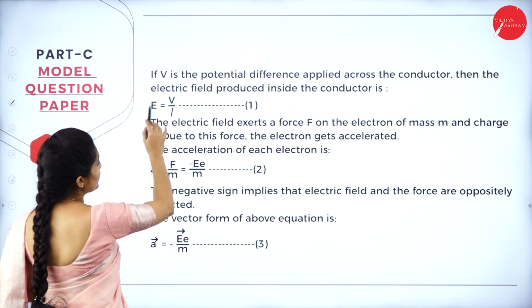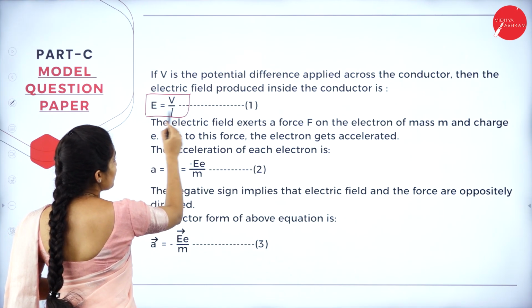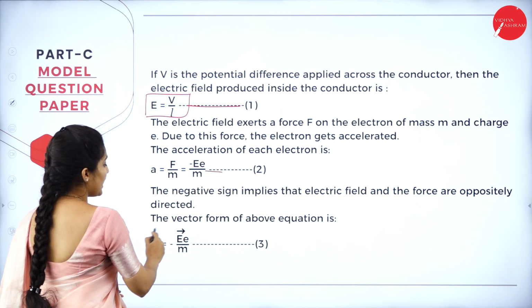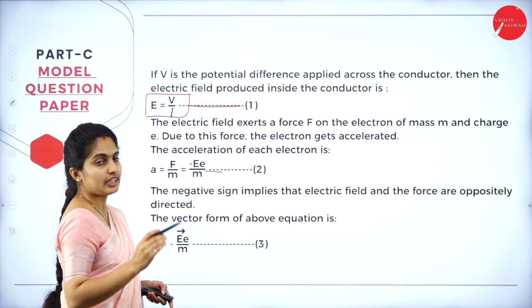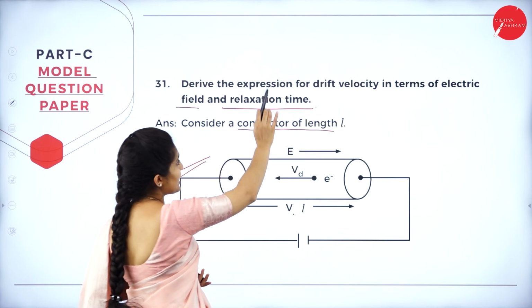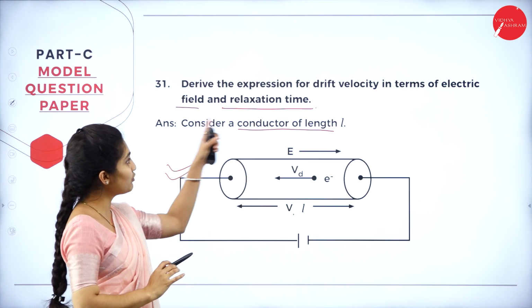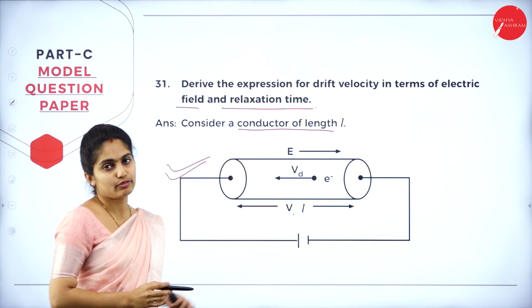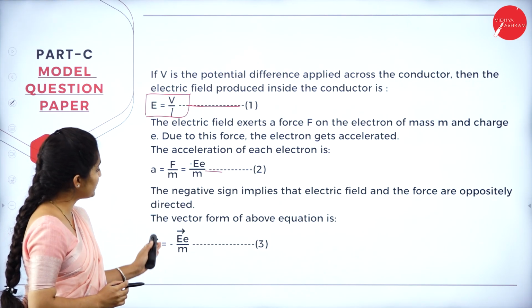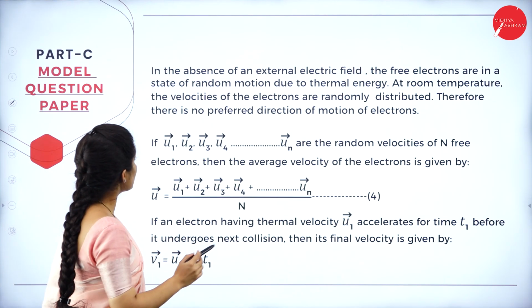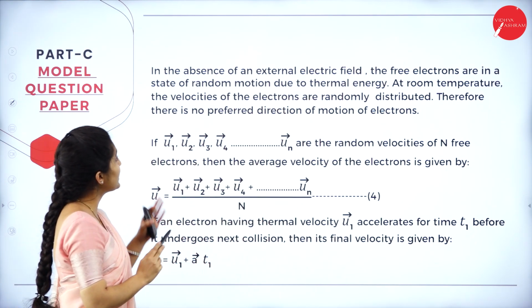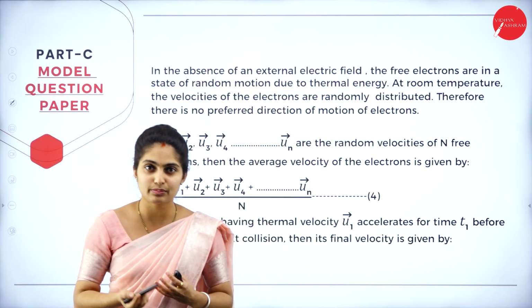Along with that you need to have some description, equations, mention it as equation 1, equation 2, all those, and finally arrive at an equation which relates electric field and relaxation time for the drift velocity. Okay, so next, here you have given the equation and its vector forms, and in the absence of an external electric field, the free electrons are in the state of random motion.